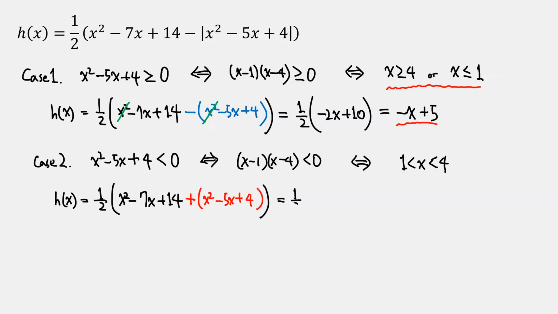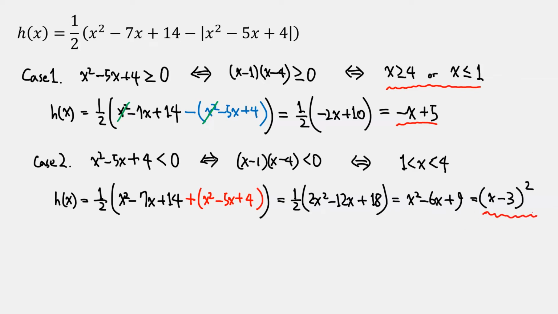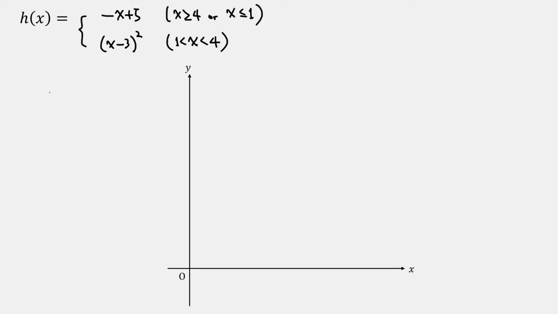So we have 1/2 times (2x squared minus 12x plus 18), which is x squared minus 6x plus 9, which is (x minus 3) squared. So this is a convex parabola with point (3, 0) as a vertex. So we have that graph in this interval. Alright, so we have obtained h(x) like this. So the graph looks as follows.